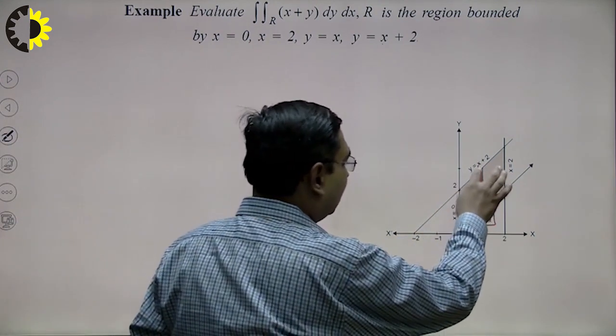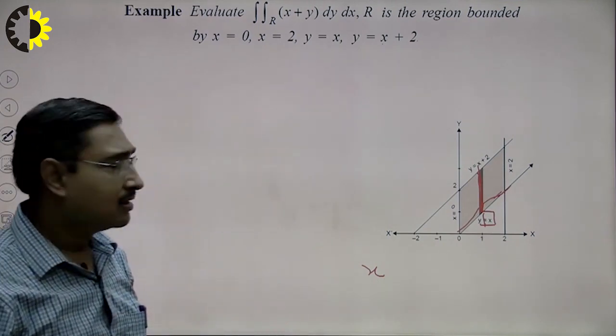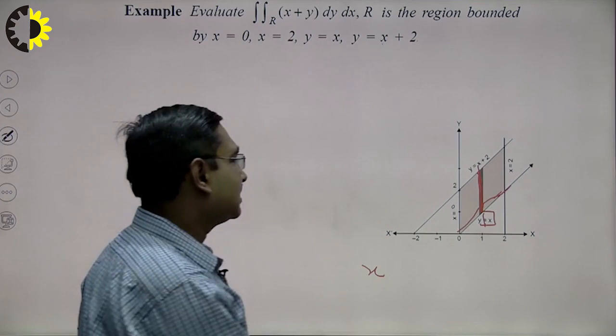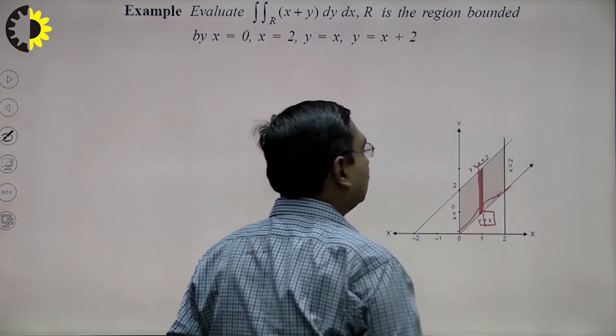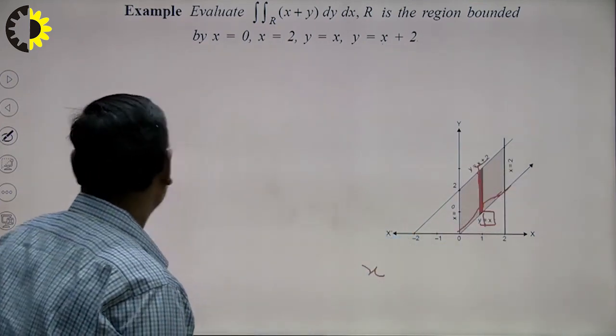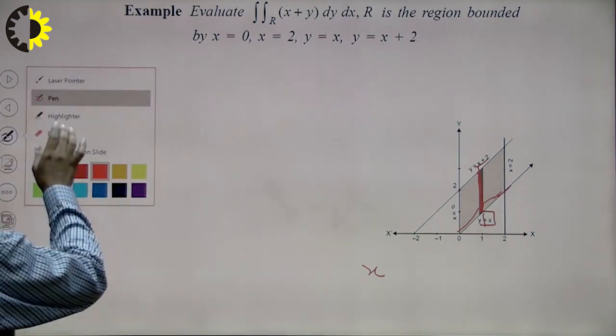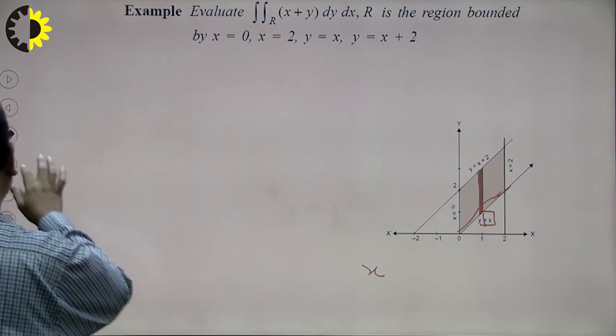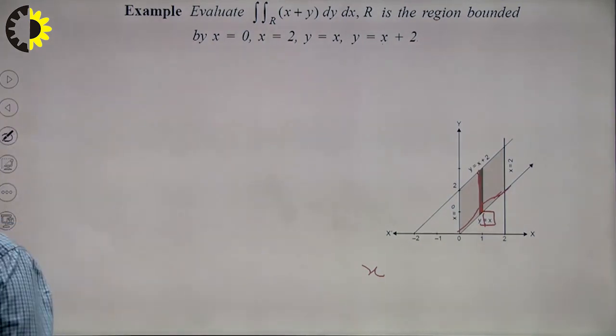The highest point of this slice lies on this line. The equation of this line is y equals x plus 2. So with the help of this equation, I shall calculate the value of y.